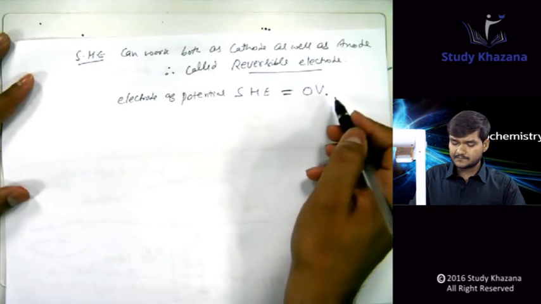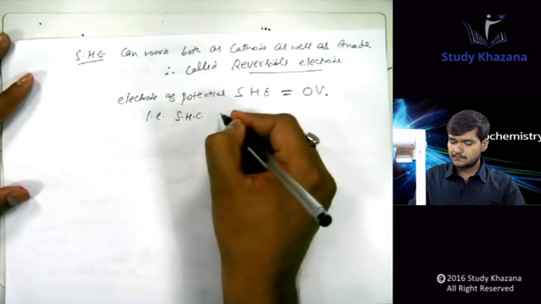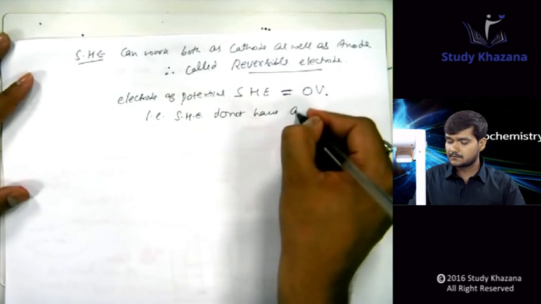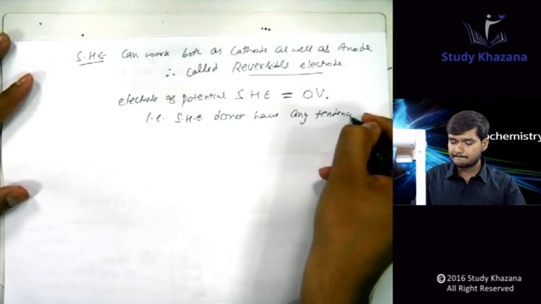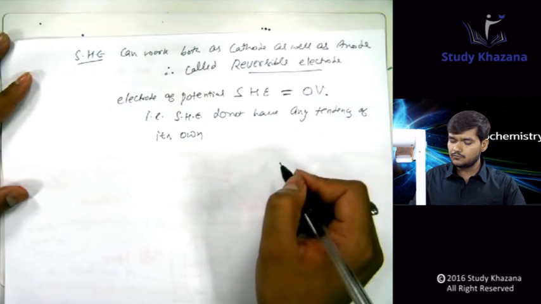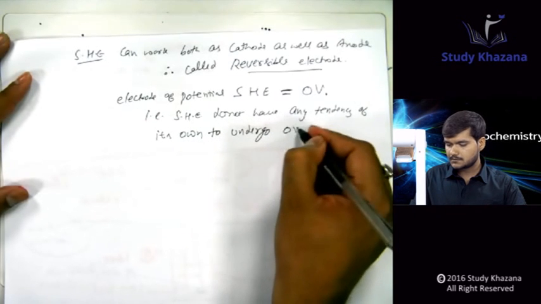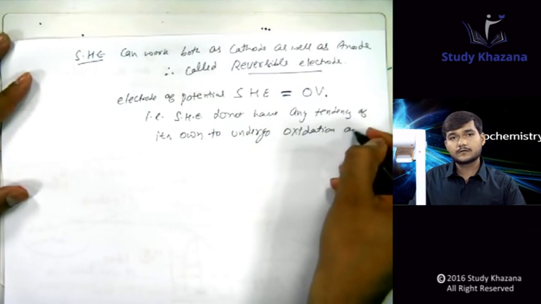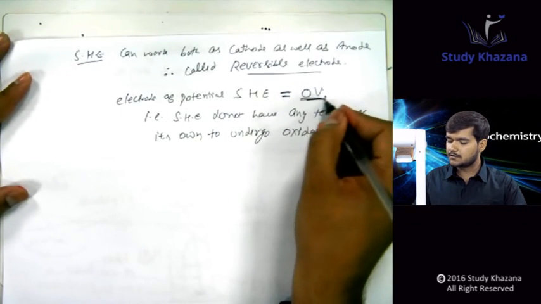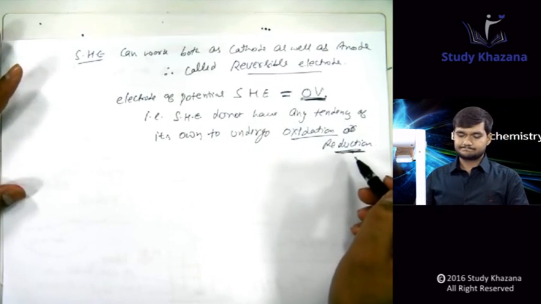That means SHE does not have any tendency of its own to undergo oxidation or reduction. That is why the potential is 0 volt. Okay.